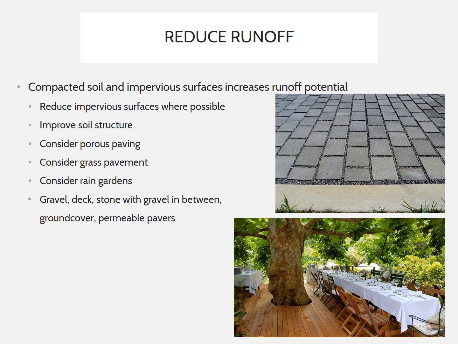Consider porous paving or grass pavement, rain gardens, gravel deck, stones with gravel in between, ground covers, permeable pavers. These are all ways to reduce runoff versus just pouring straight concrete.